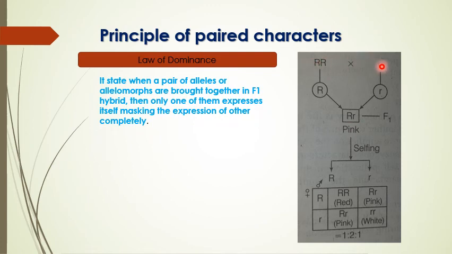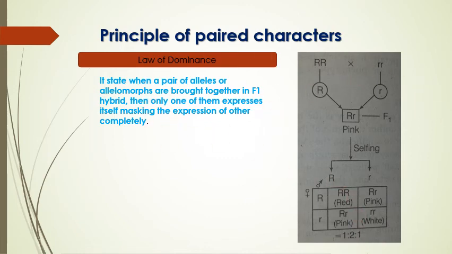When the pink flowers are self-pollinated, they give one red flower, two pink flowers, and one white flower. So the ratio is 1:2:1. This law was given by Mendel.